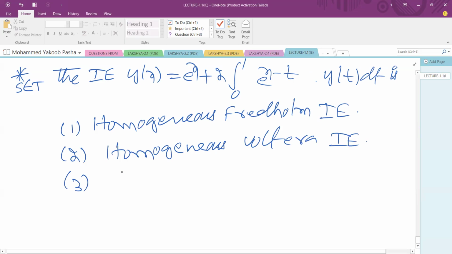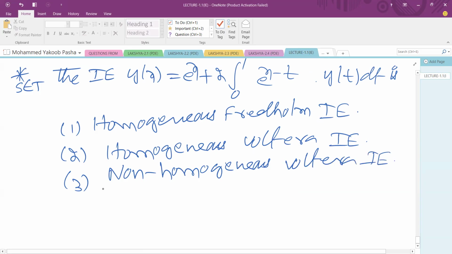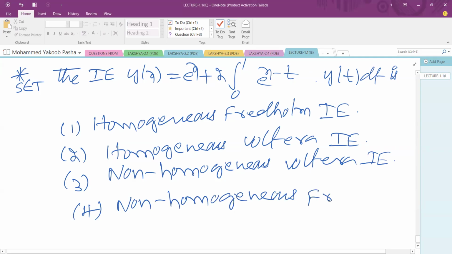Third option, non-homogeneous Volterra integral equation. And the fourth one is non-homogeneous Fredholm integral equation. Fourth option is correct, sir.